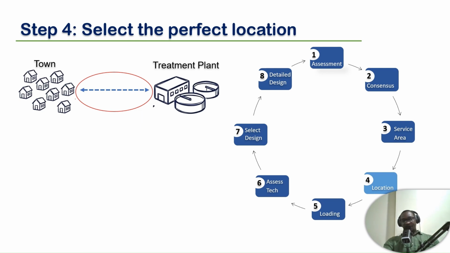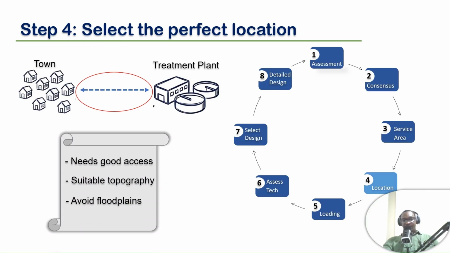Some of the reasons include issues to do with smell, and then also noise, and these are some of the reasons that you need to consider when siting a perfect location for a fecal sludge or wastewater treatment plant. So there are other factors to consider which are on this scroll.